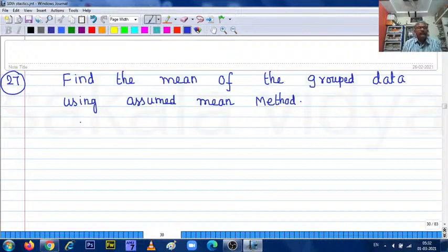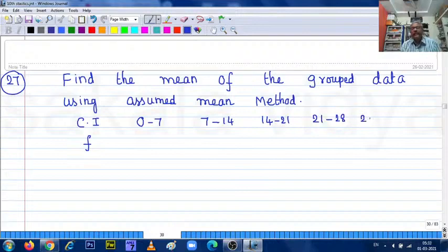So now class interval given, frequency given. The classes are 0 to 7, 7 to 14, 14 to 21, 21 to 28, 28 to 35, 35 to 42.